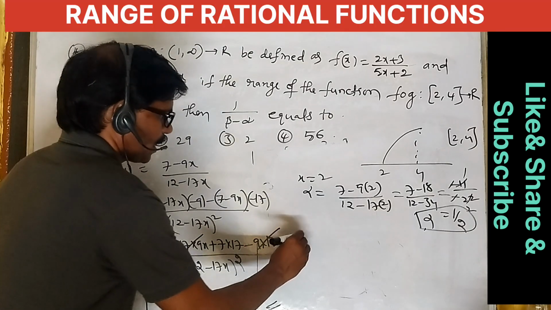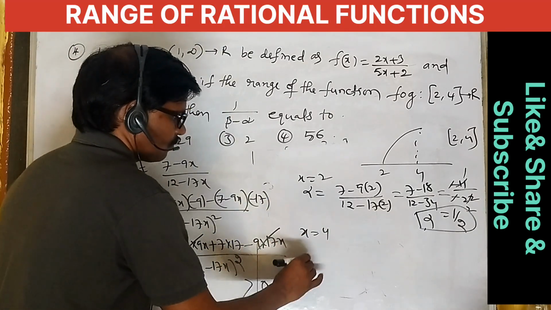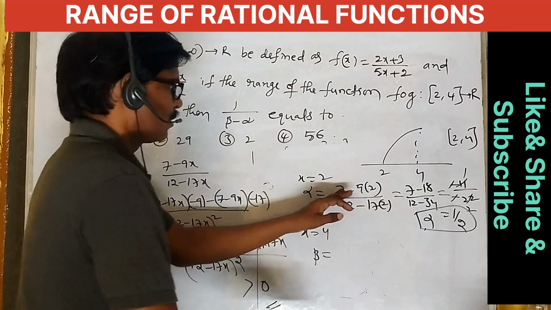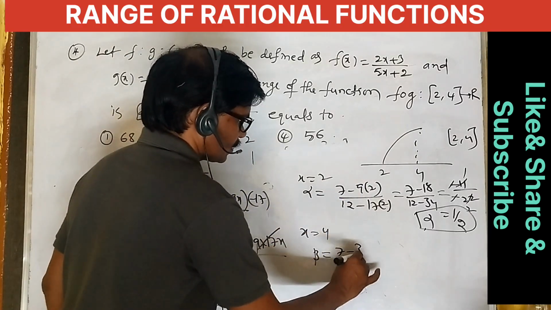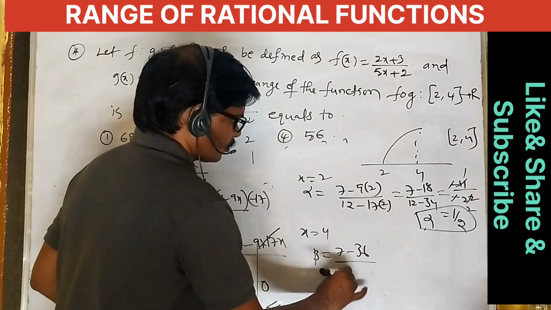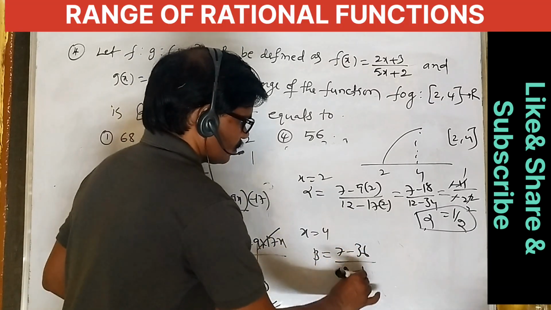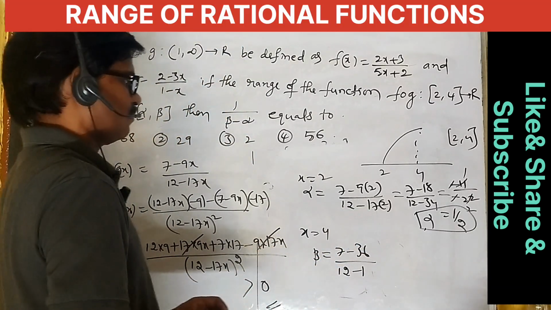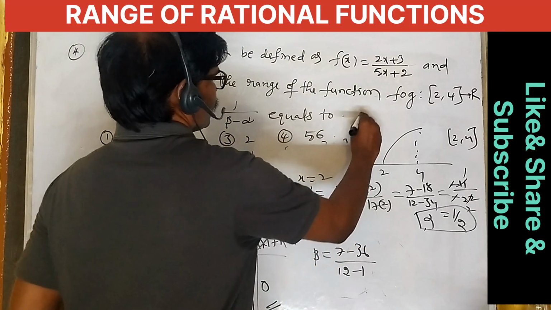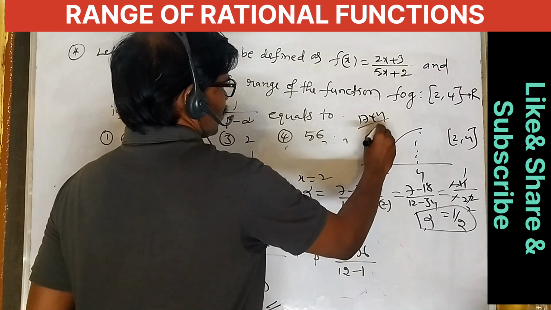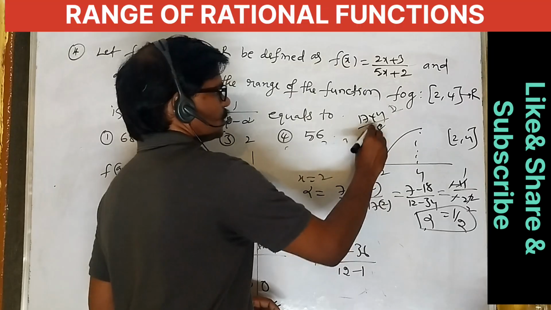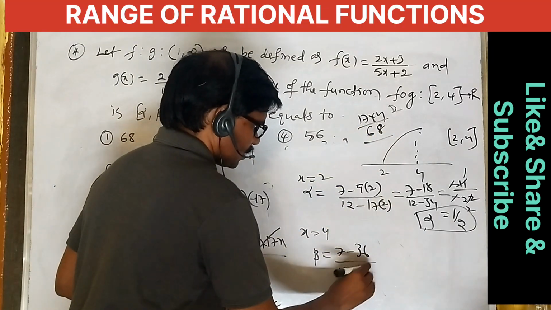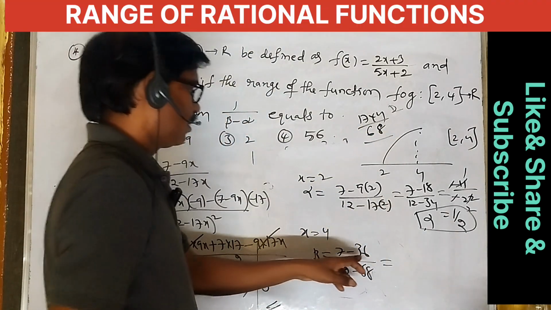Next, what is the beta? X is equal to 4 means beta is equal to 7 minus 9 into 4, 9 4s are 36, by 12 minus 17 into 4. 17 into 4, 4 7s are 28, 4 1s are 4, 6 is 68.